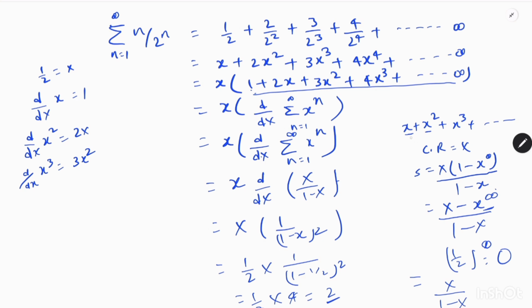Here the infinite geometric progression is converging to some value. So here common ratio is less than 1, that is why it is converging to x by 1 minus x, right? So question for you guys is, what happens if common ratio is greater than or equals to 1?